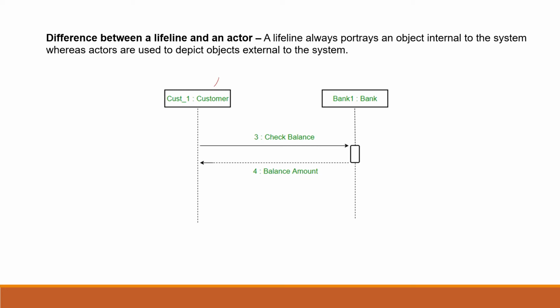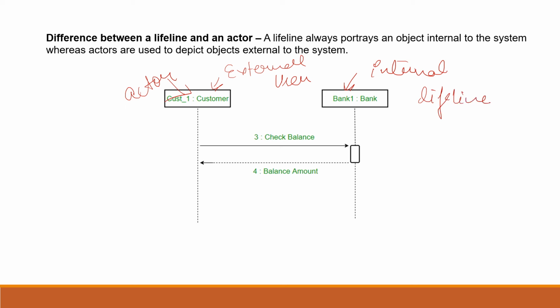The customer is the external user, which will be considered as the actor, whereas the bank is the internal part, or I can say lifeline, of the system. The customer checks the balance with the bank and the bank tells us the balance amount.